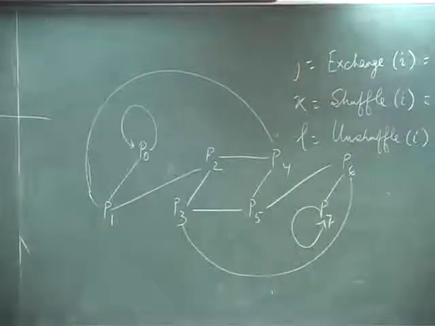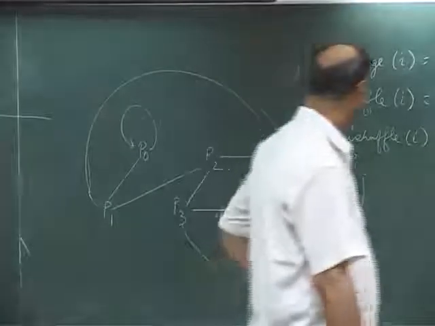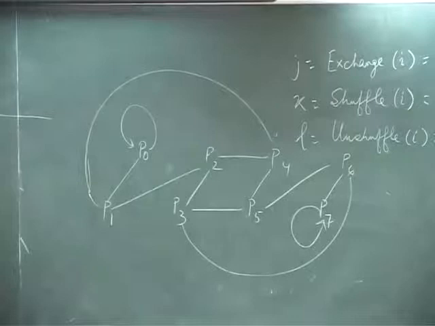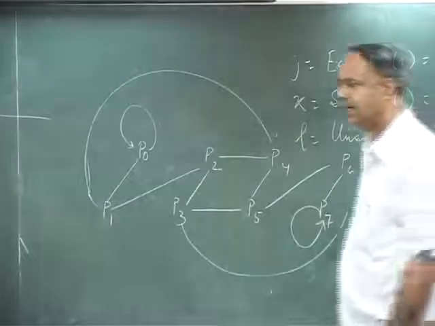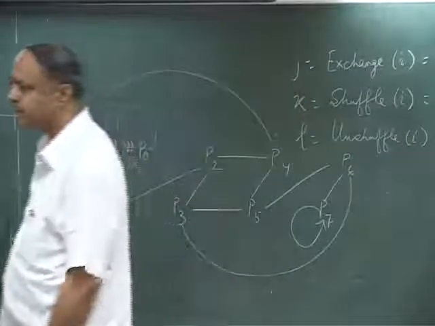Now here you observe one thing I want to tell you: perfect shuffle computers not only have fewer connections, they are based on two important properties.